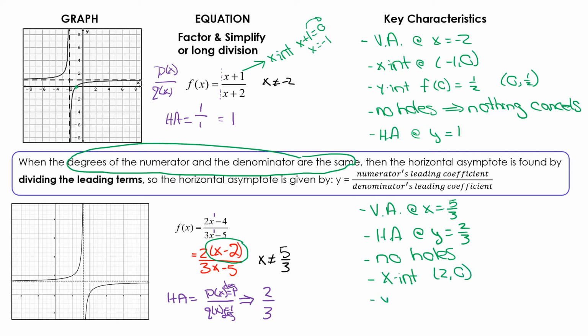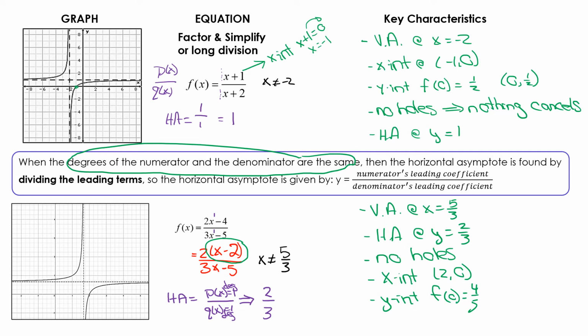And y-intercept. So we calculate that by, once again, subbing in 0. And we get, sub in a 0 to the numerator and the denominator, we get -4 over -5, so we're just going to put 4/5. I think we've covered all of our critical pieces there. Okay, hold on to your hats.